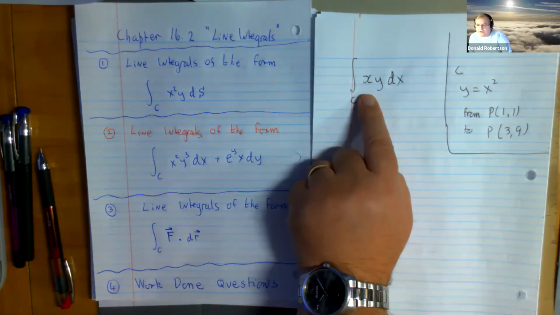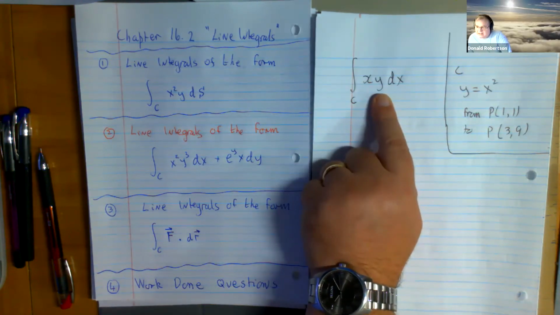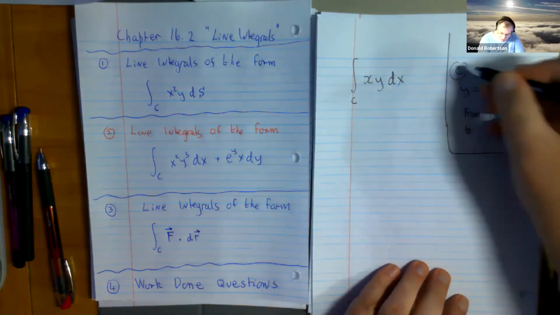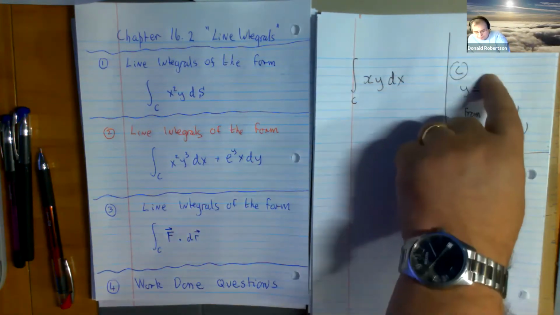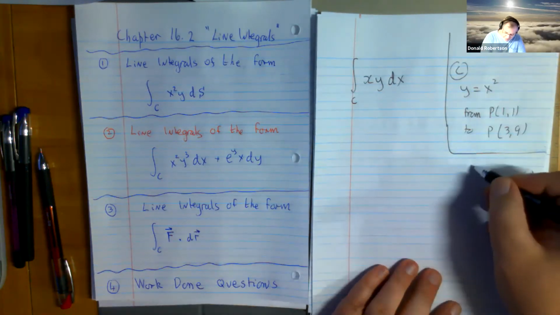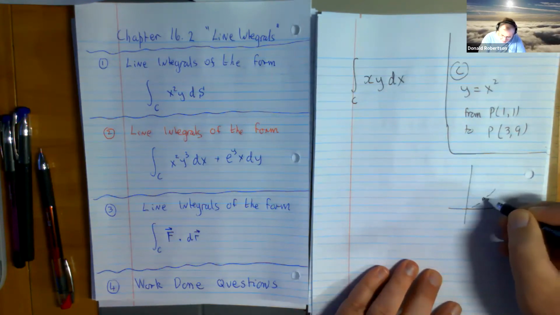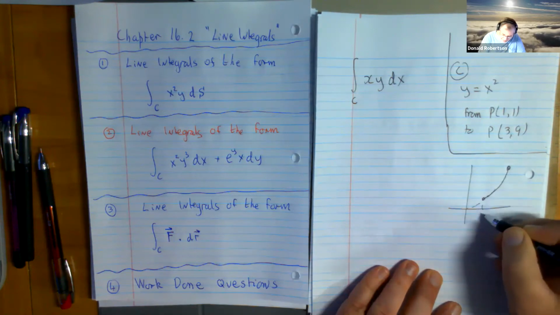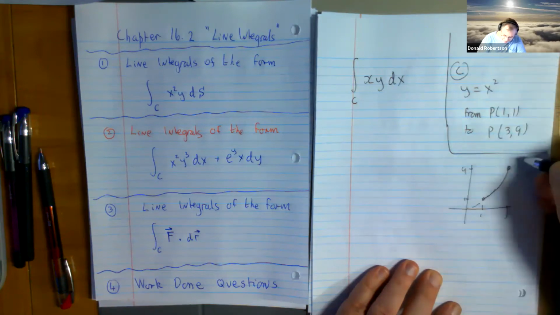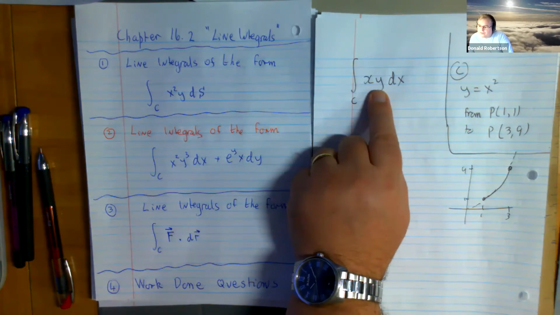Now, the solution to this question is the same as everything. Don't we have to turn everybody into t's? The difference here is that we have to figure out how to express this curve in parametric form. If you were drawing it, it would basically be from there to there. So you can imagine this is the curve that we're doing this on.